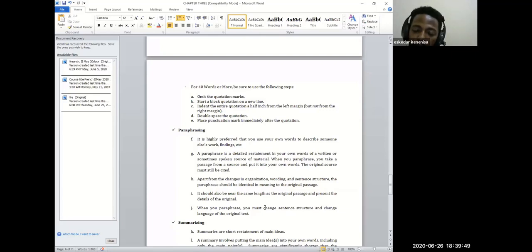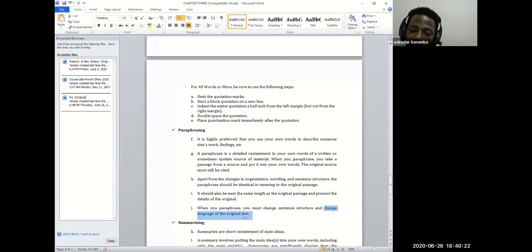However, when you paraphrase, make sure that you change the structure of the sentence. You make changes to the language. This helps you to avoid plagiarism. If you face difficulties in changing the language of the author and you take the original text, that means plagiarism.